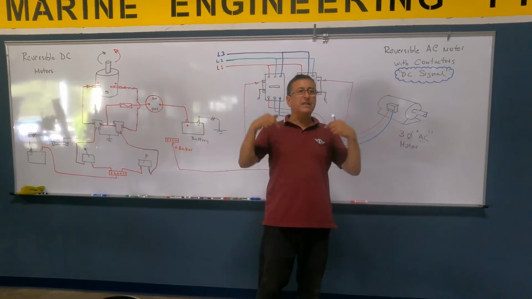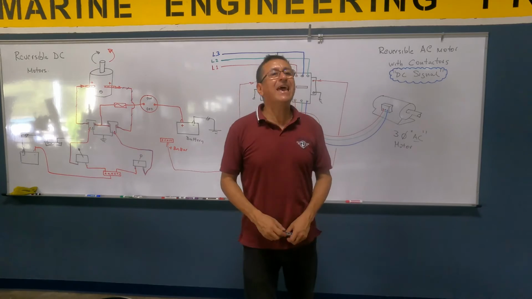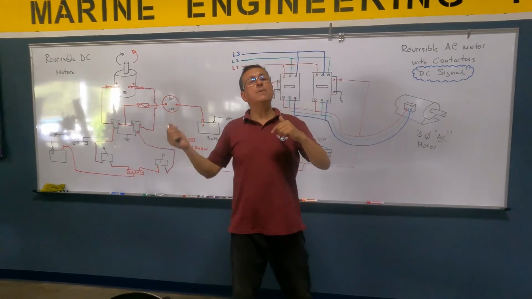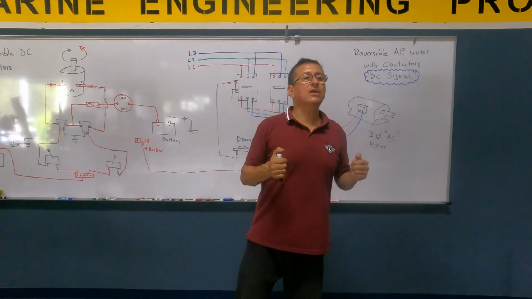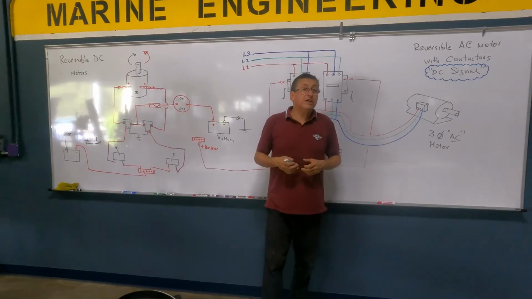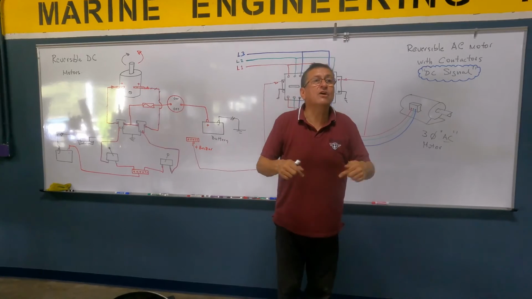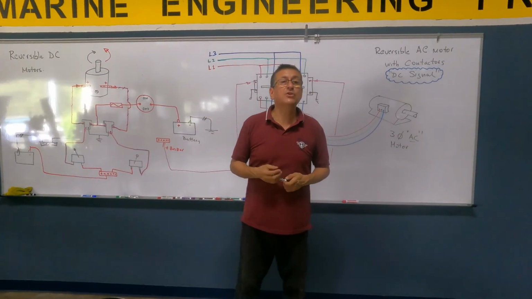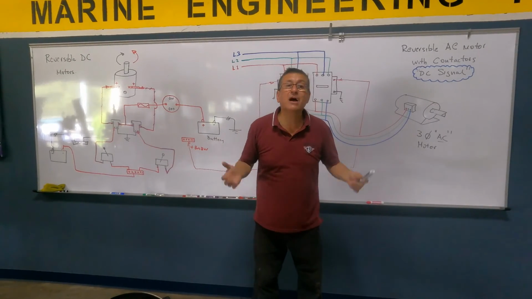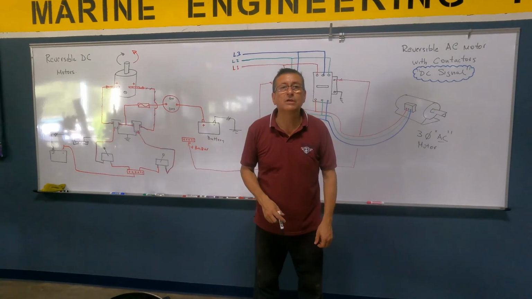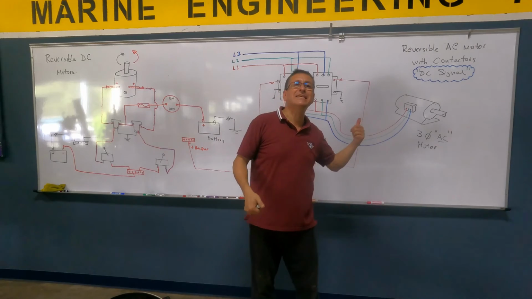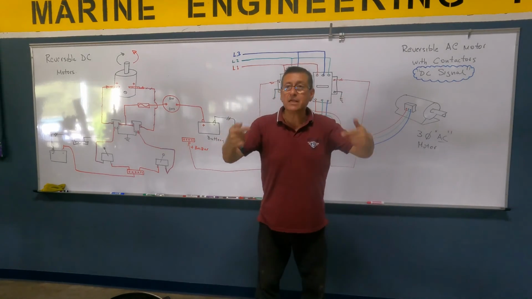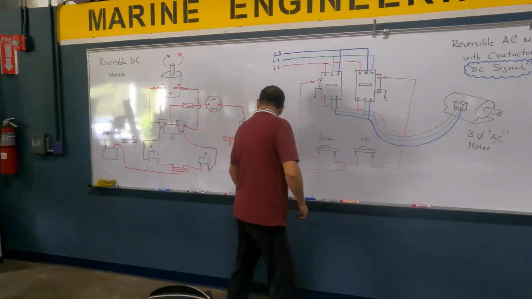Why in the building is the activation of the contactor with AC signal, and why in the boat is it normally with DC signal? Because in the captain's console, in the pilot house or in the fly bridge, you have DC current. You don't have AC current in those consoles. It's easy to send the DC signal. Okay, now we are going to connect with AC signal.